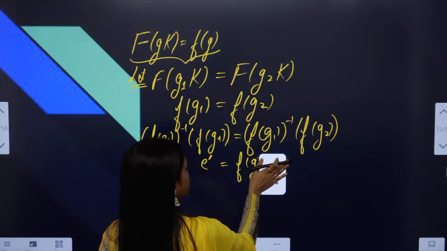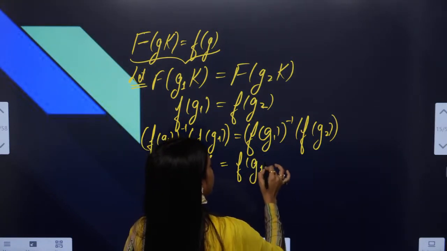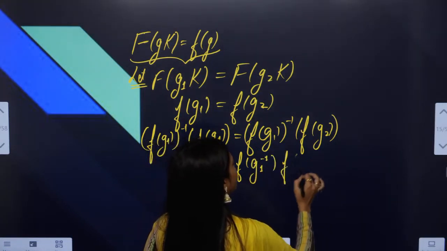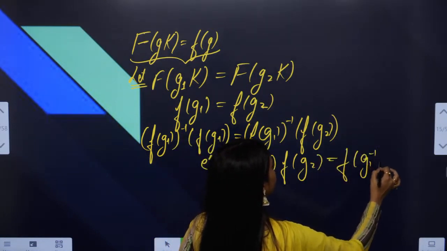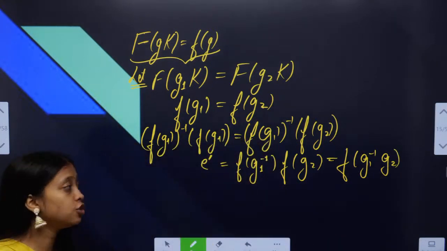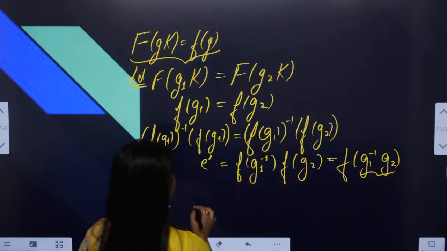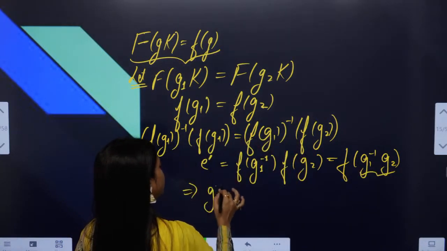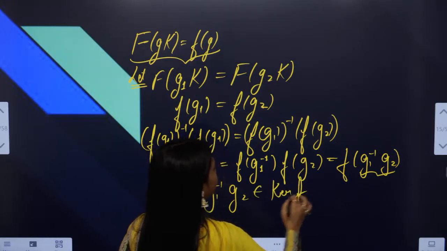This is f of g1 inverse and f of g2. Again, use the property of the homomorphism. You can write f of g1 inverse g2. f of g1 inverse g2 is e dash. That means this belongs to the kernel. It implies g1 inverse g2 belongs to the kernel of f.